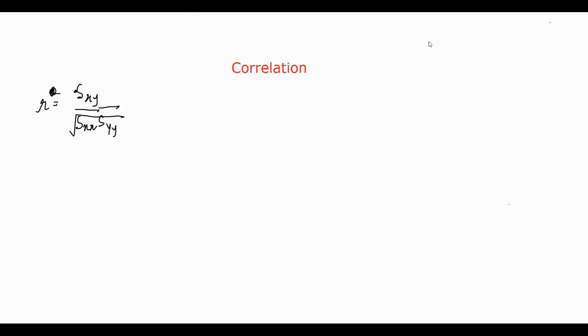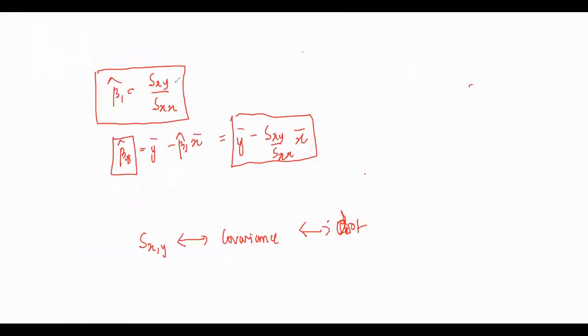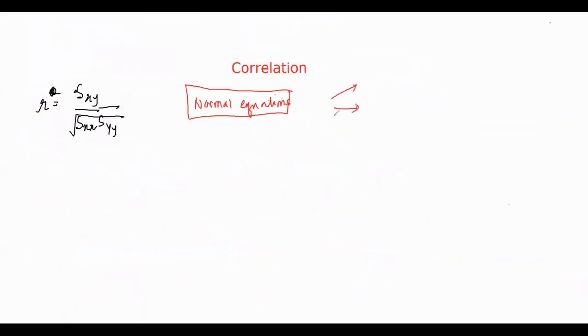If you remember from normal equations, we got the following results. Let's go back and see them. We got that yi hat, and we got the beta 1 hat. So let's try to understand that in much more detail. We have these three equations.